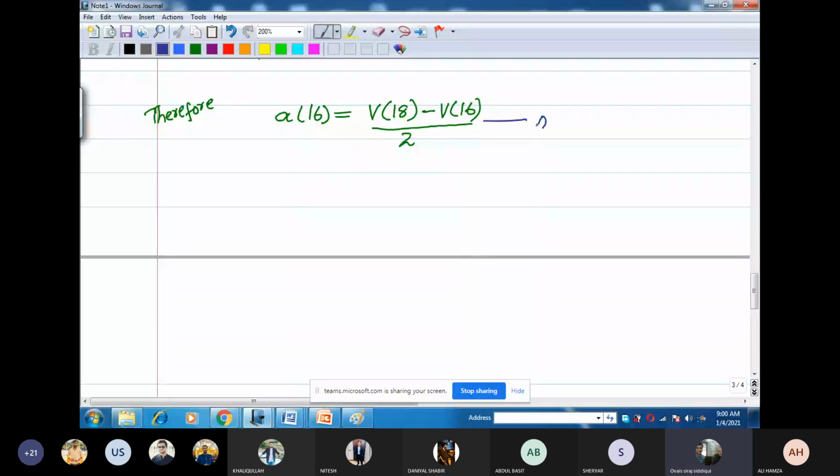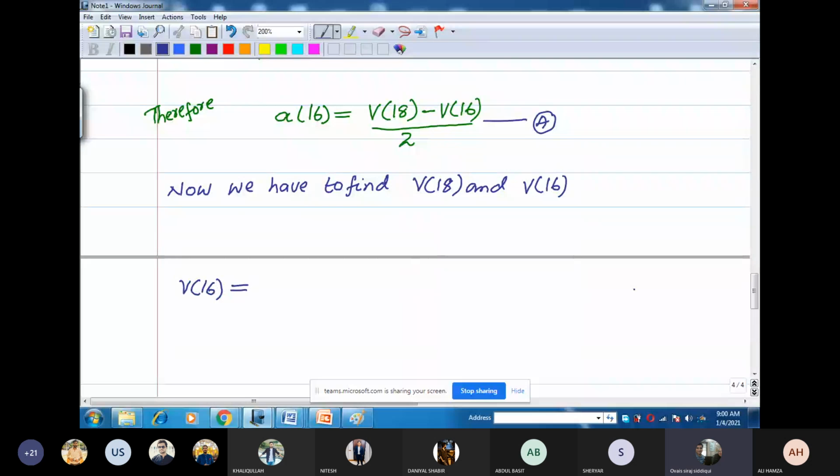This is equation number A. Now we have to find v of 18 and v of 16.